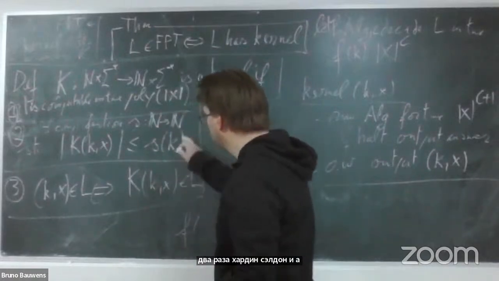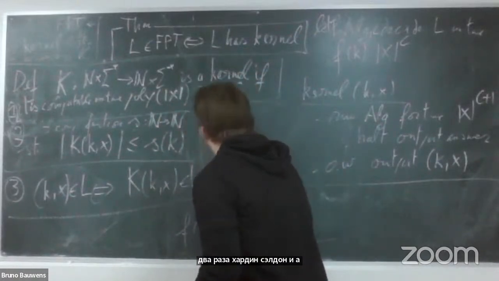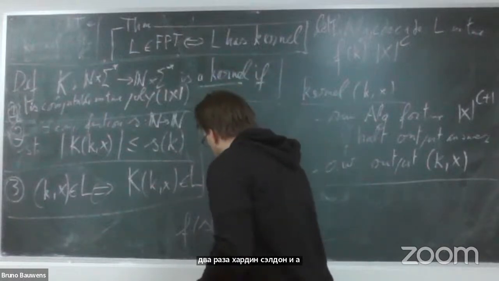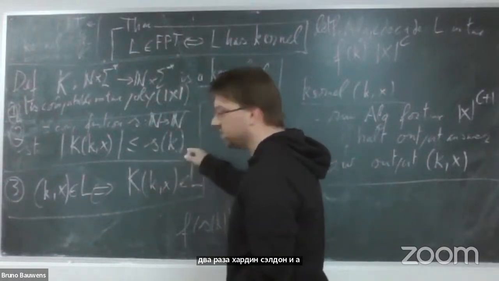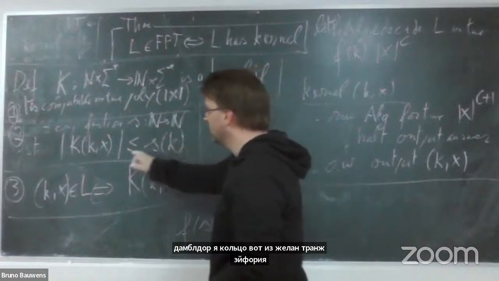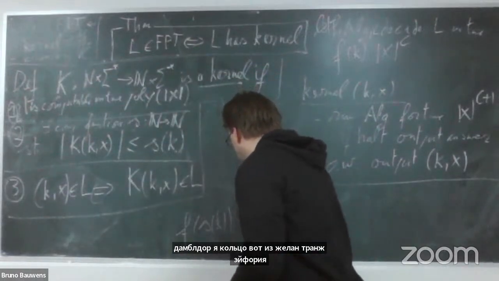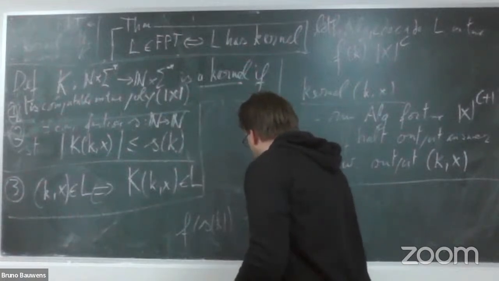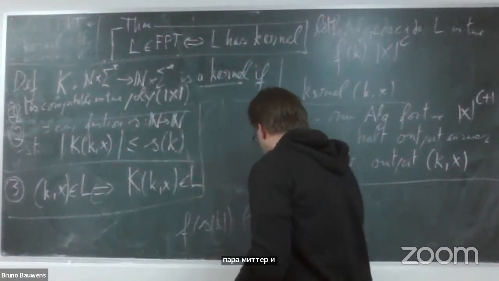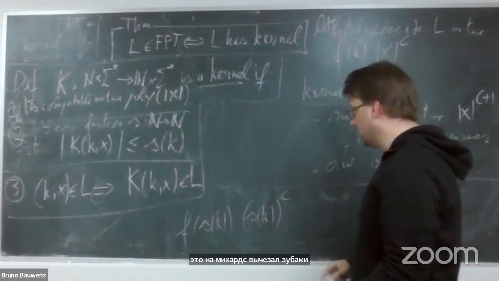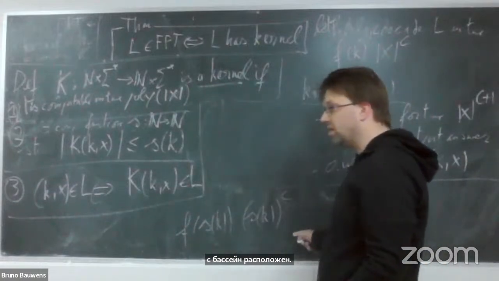F of the parameter, which is bounded by S. The parameter should also be bounded by S. I forgot to tell you in the definition. And then we have x, which is also bounded by k to the power c. And so this is a function that depends only on k.